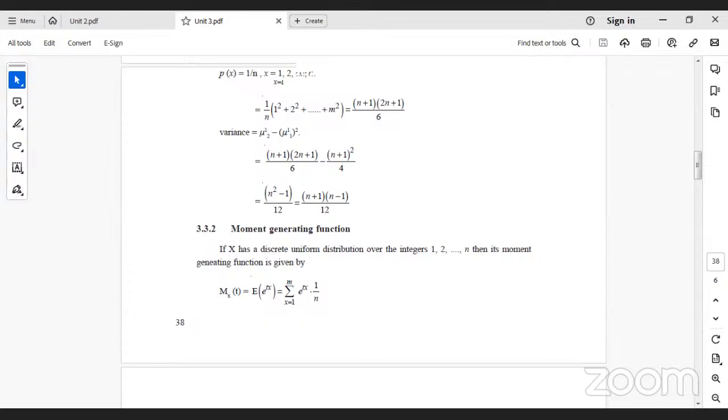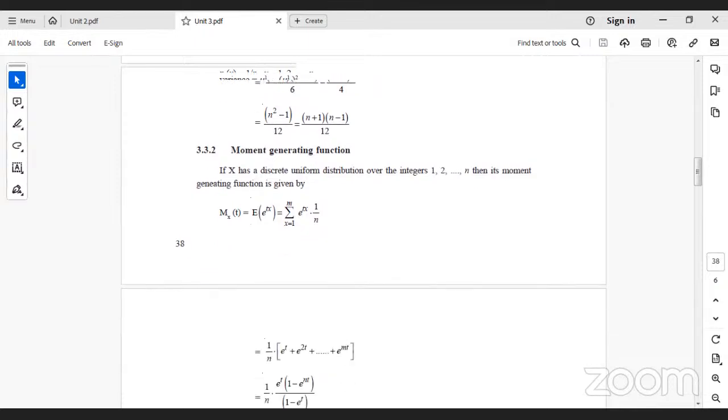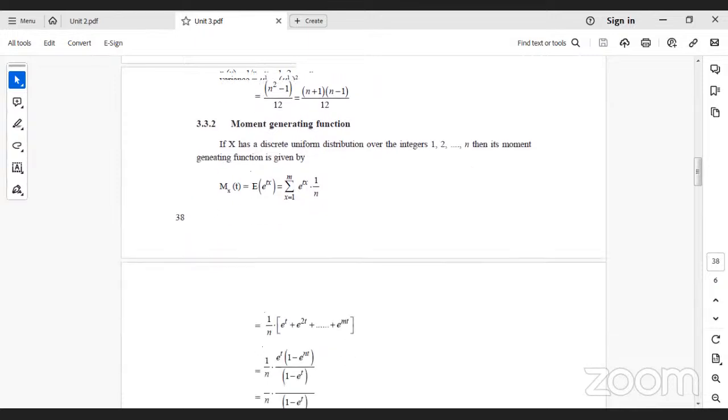Moment generating function. If x has a discrete uniform distribution over the integers 1, 2, 3, and so on to n, then its moment generating function is M of x at t is equal to E of e power tx, the summation of x from 1 to n of e power tx times 1 by n.